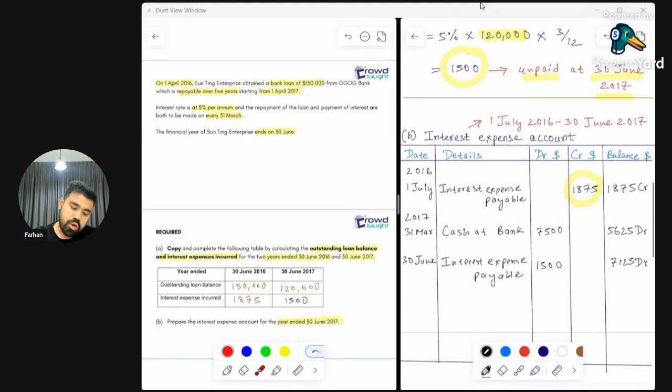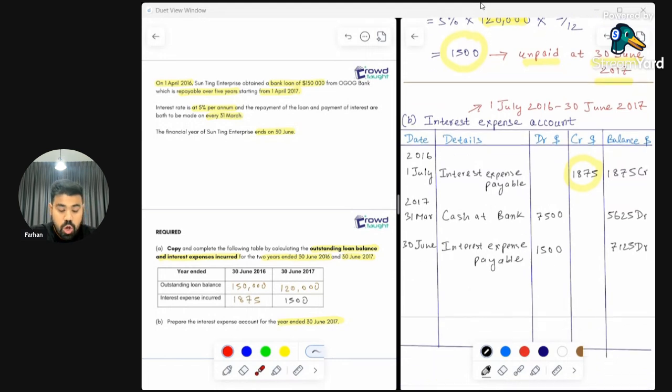Now, what do we have to do? We know that we cannot keep any numbers available in the expense account because all expense accounts must be reset to zero, which is based on the accrual basis accounting concept and the matching accounting concept, which calculates profit correctly based on revenues earned and expenses incurred throughout the year. That's the main purpose of making the expense and revenue accounts zero at the end of the financial period before we start the next financial period.